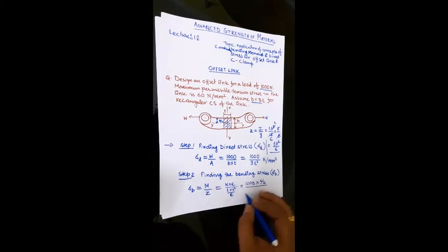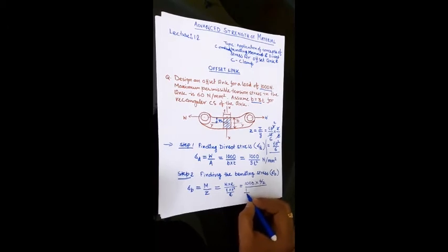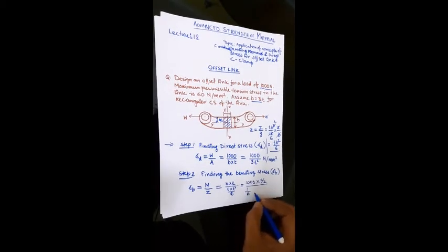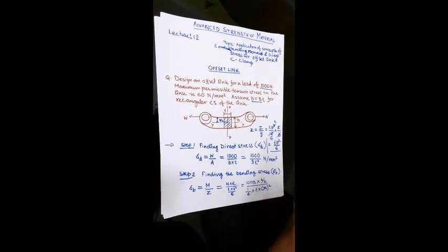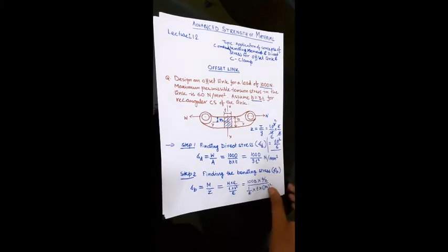This is our e, and t here, 1 by 6 is there. 1 by 6 into t will remain as t, and in the place of b square we can write 3t square. So in the next page we will see the more simplified form.